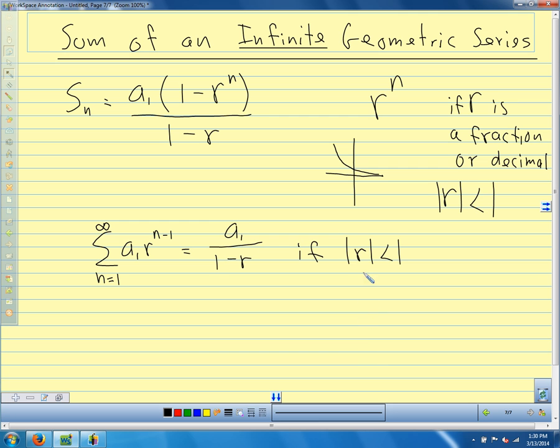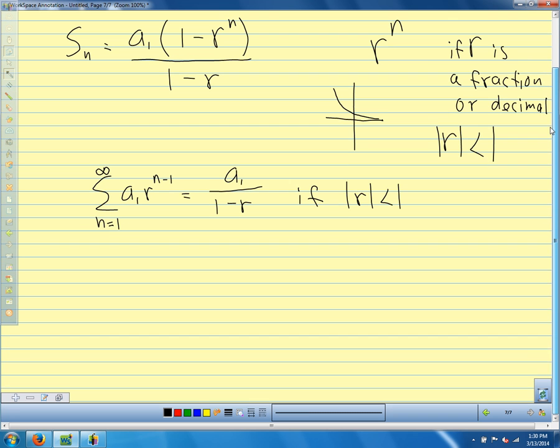So if our common ratio is a fraction or decimal, less than 1, we can sum an infinite number of terms of our geometric series and we get a number. Because each of these keeps getting smaller and smaller, and pretty soon they just don't matter anymore. So this is our second important sum formula for an infinite geometric series.